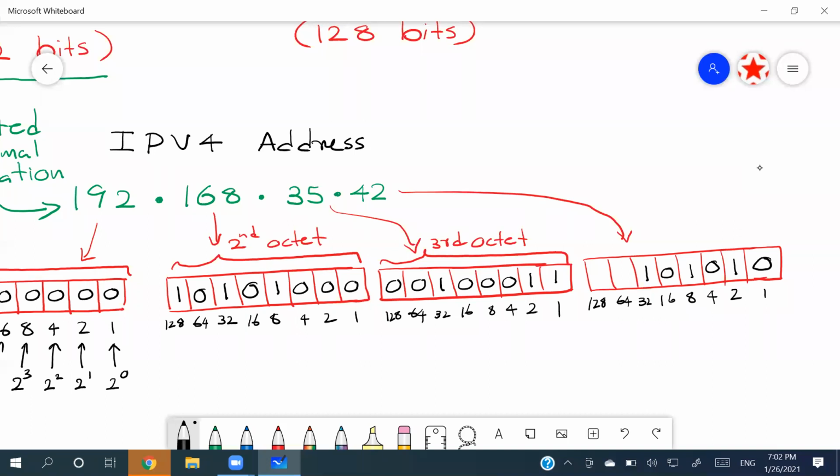So here comes the 42, which is called the fourth octet.